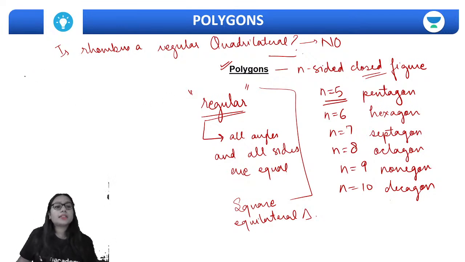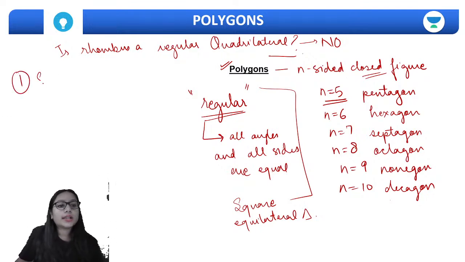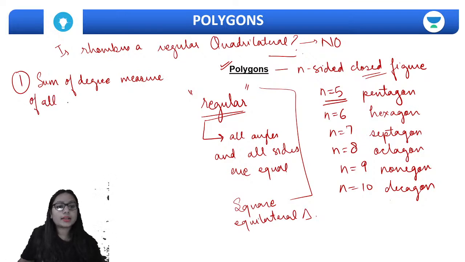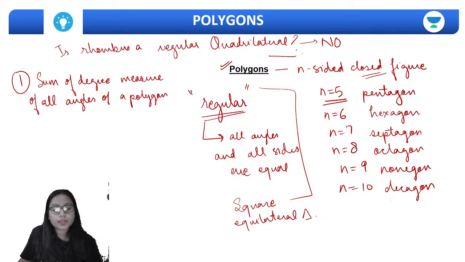Now there are two formulas that you need to remember to solve questions related to polygons. First is to calculate the sum of all angles. Please note down: the sum of degree measure of all angles of a polygon is equal to (n minus 2) into 180 degrees.